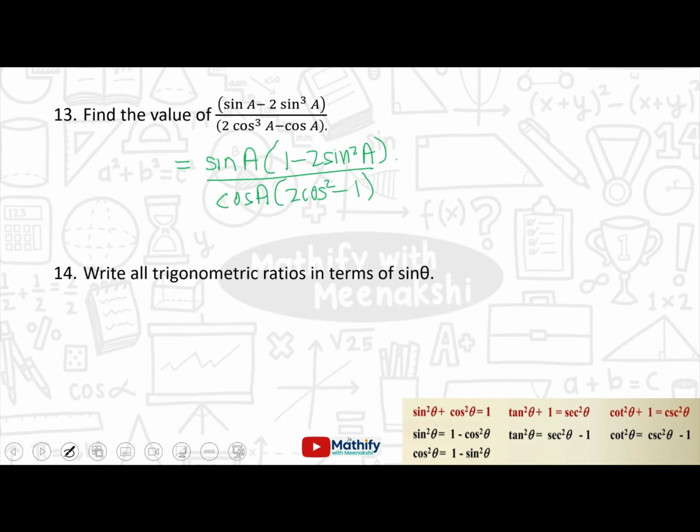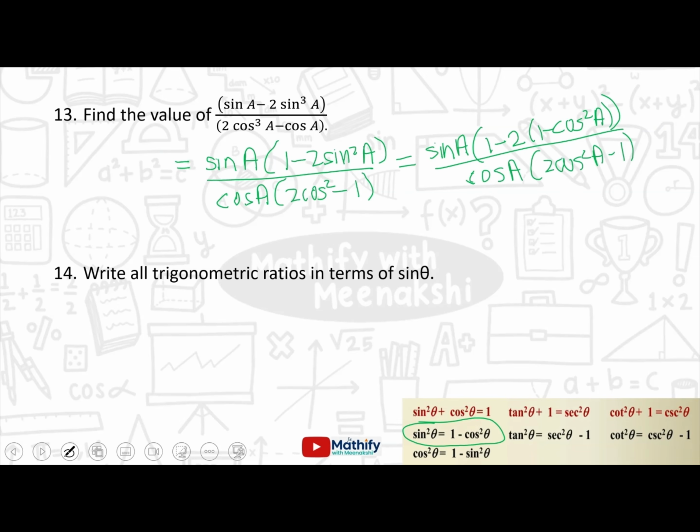So what we'll do, we'll just convert one thing in terms of the other. So I will write sine A. Now 1 minus 2 sine square A. Just replace your sine square A with the help of this, 1 minus cos square A. Because we have to cancel this, then only we can solve. And in denominator, just write cos A by 2 cos square A minus 1.